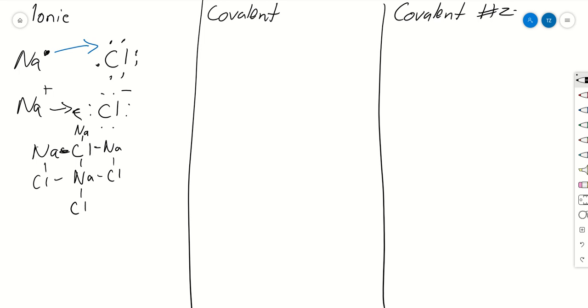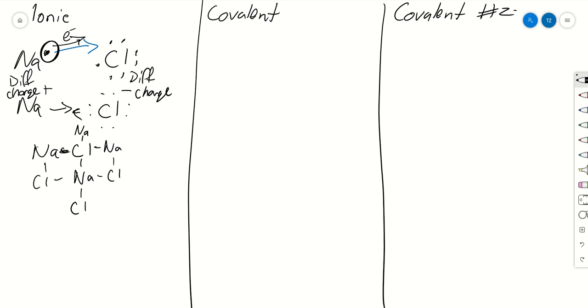So that's for your ionic bonding: you have a direct transfer of an electron over to another one, and then the fact you have different charges means that they're going to attract each other.